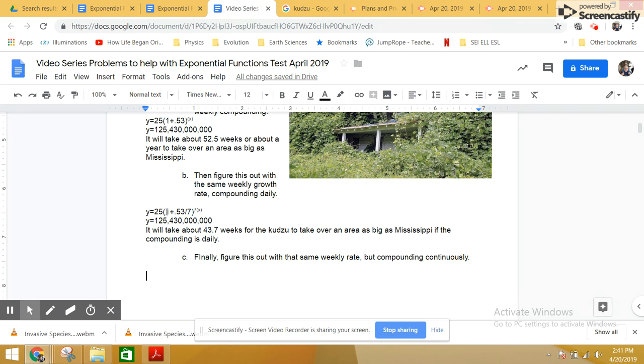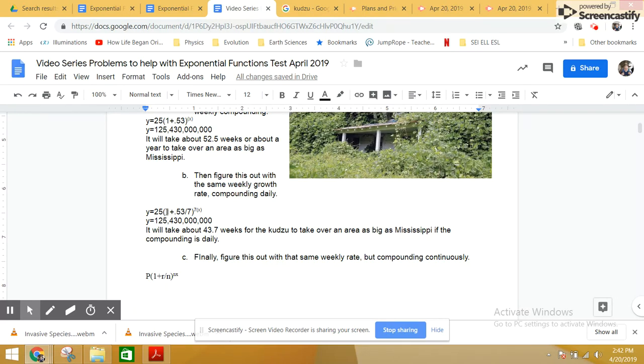We're going to use a different equation, different from the structure of P times 1 plus R over N to the N times time. That time is often an X, you can say X. This structure deals with compounding that's going in steps.